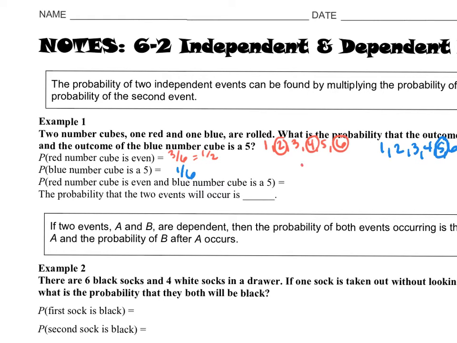That means we multiply 1/2 times 1/6 and we get 1/12. 1 times 1 is 1, 2 times 6 is 12. So the probability is 1 out of 12. Those 2 are independent events because one number cube doesn't affect the other. We're just multiplying the 2 fractions together.